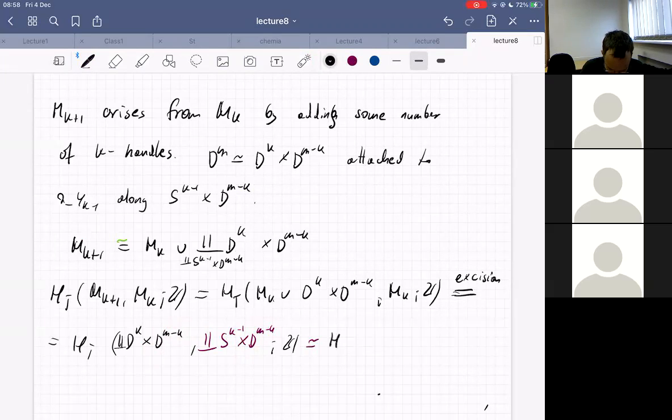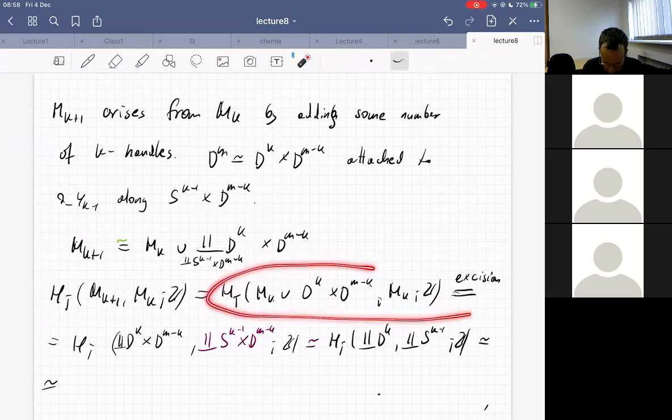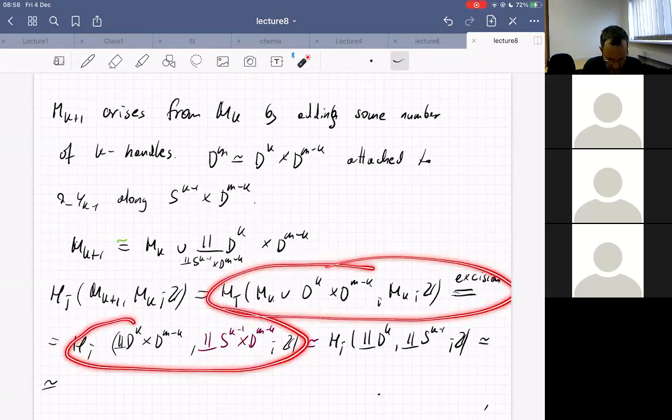H_j of the disjoint sum of D^k modulo the disjoint sum of S^{k-1} with Z. All right, so far so good. This is the most important part, that this homology is the same as the homology of that guy.